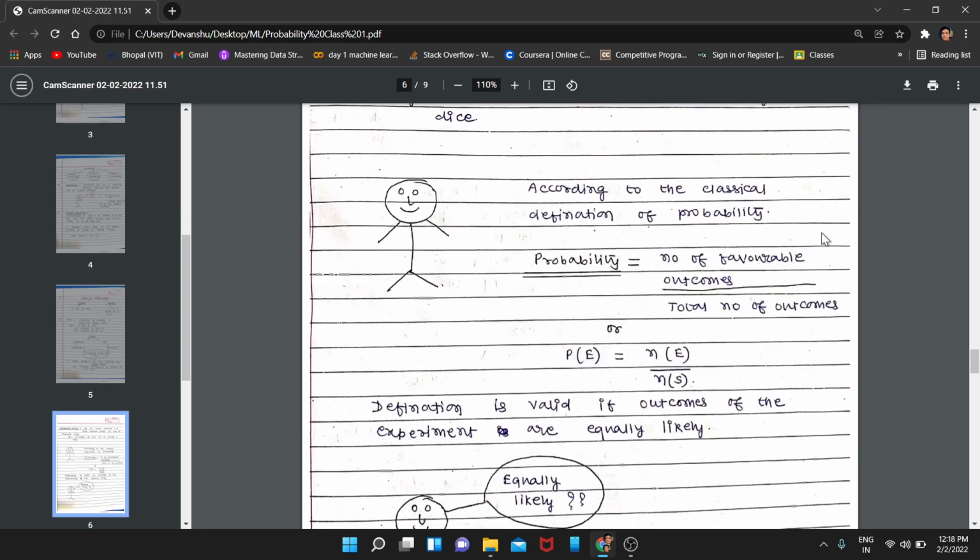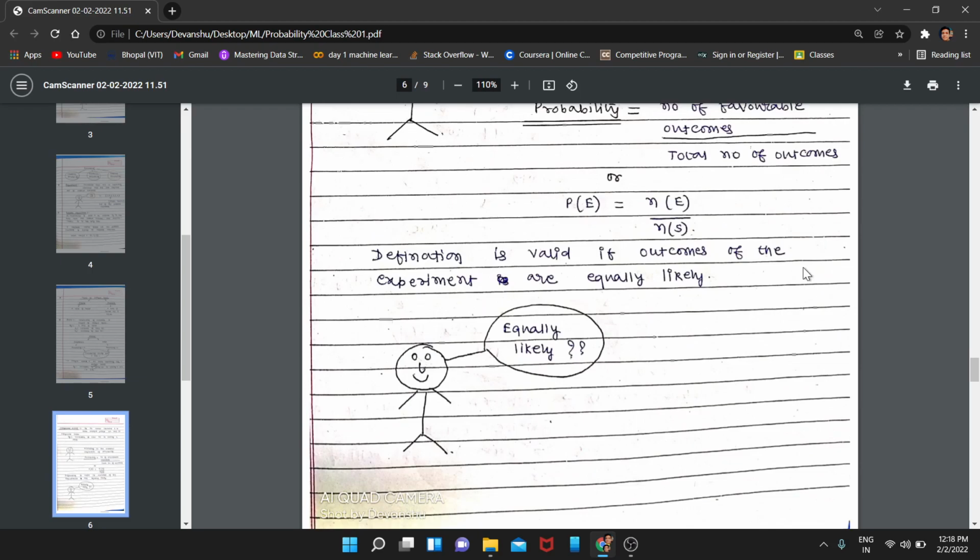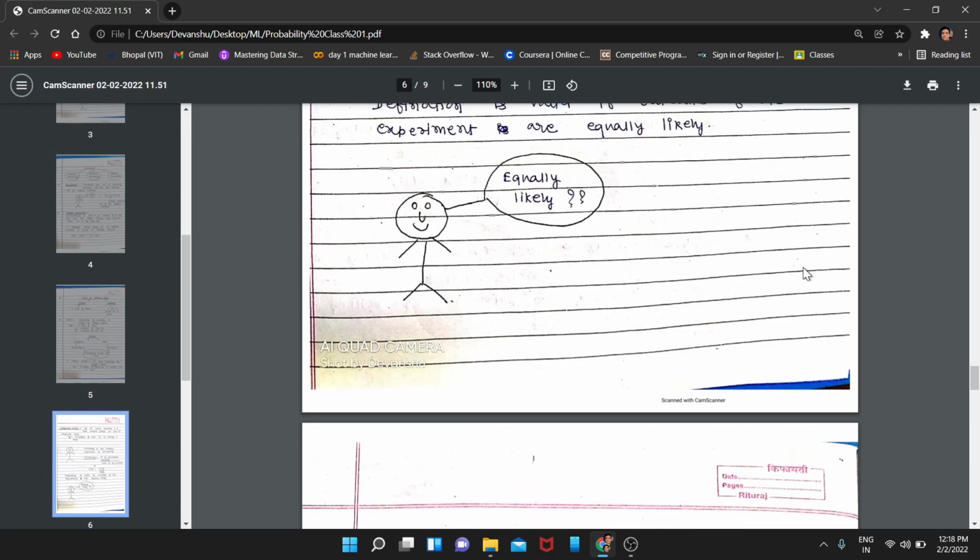According to the classical definition of probability, the probability of event E is defined as the number of favorable outcomes upon the total number of outcomes. But this definition is valid only if the outcomes of an experiment are equally likely. You might be thinking, what is equally likely? Look at the term equally likely.